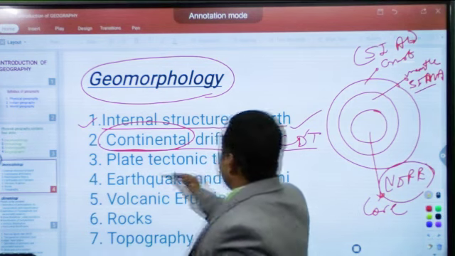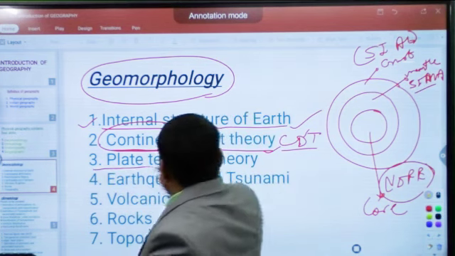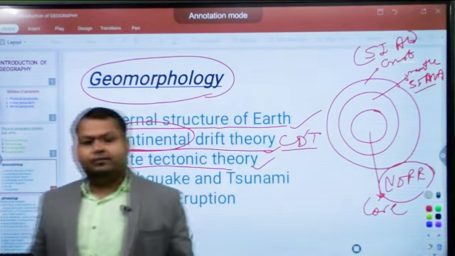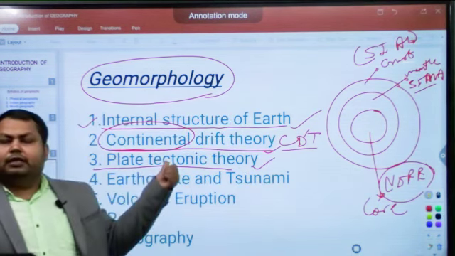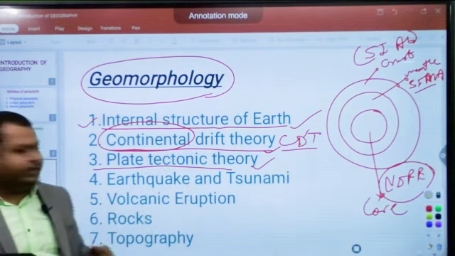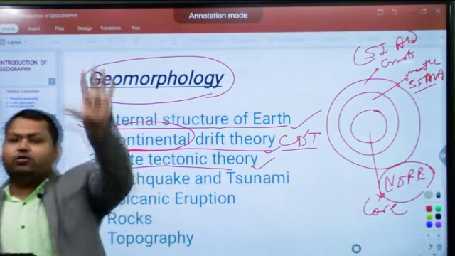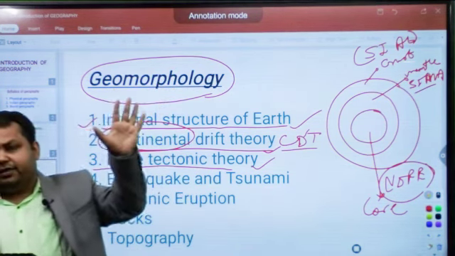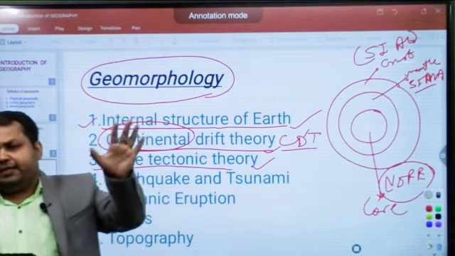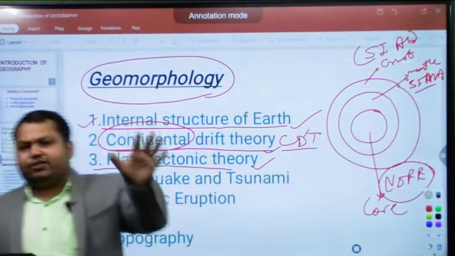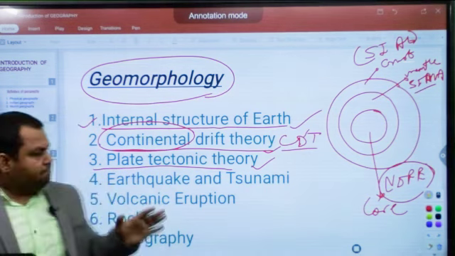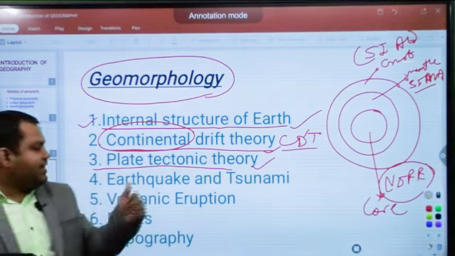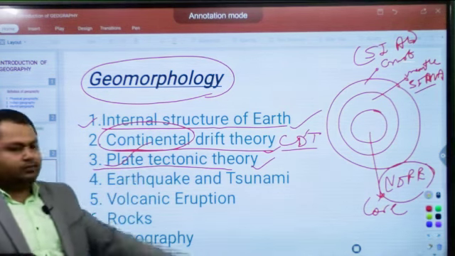The third topic is related to plate tectonics. Within geomorphology, the third topic is plate tectonics. What is this? As Alfred Wegener desired to explain the movement of continents, in the same way various scholars like Harry Hess, Parker, McKenzie, Wilson, etc., tried to justify this particular theory of plate tectonics.